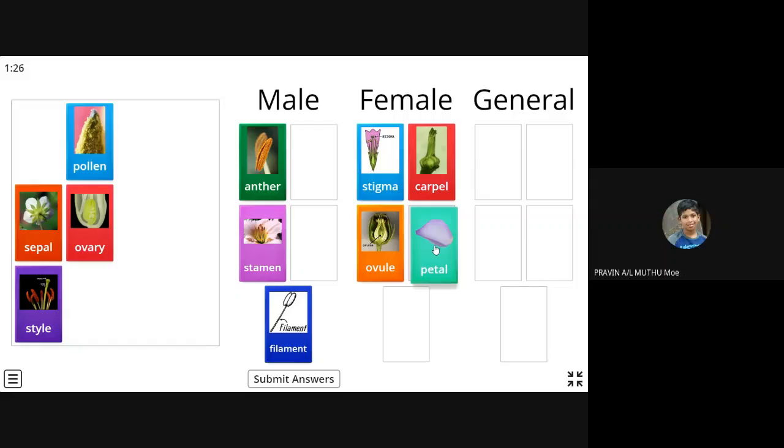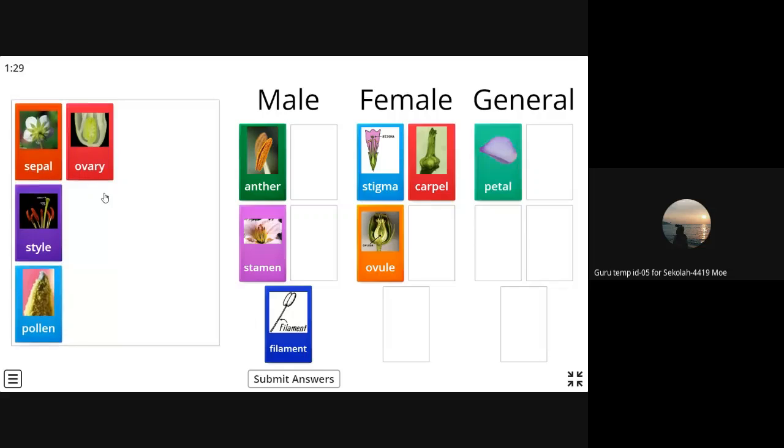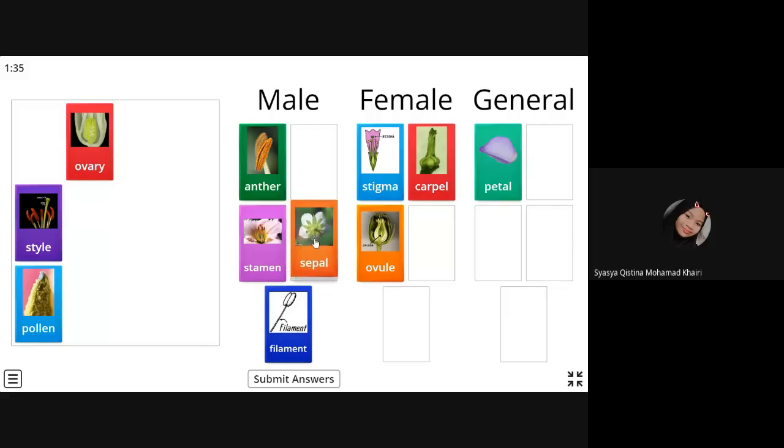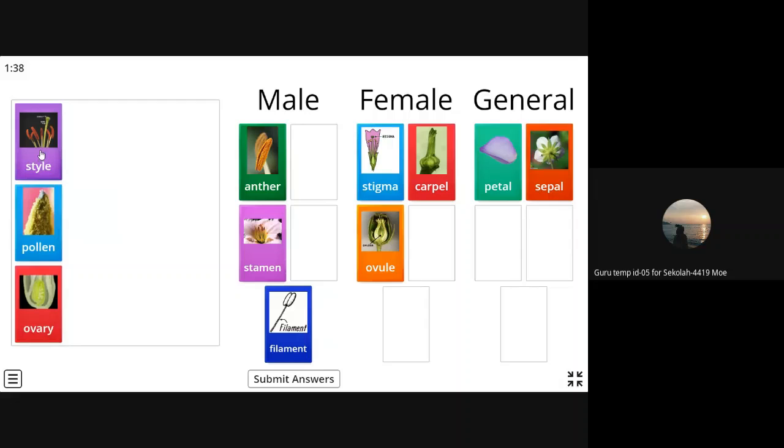Female, right? It is general. General. Okay, general. Okay, remember petal dia not male and not female, so it's general. Okay, sepal. Sepal is general. General. Okay, general. Style. Female.